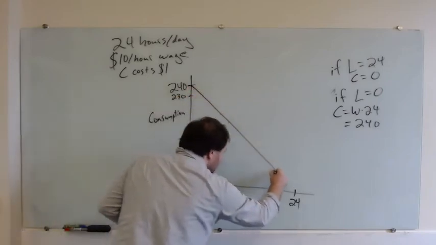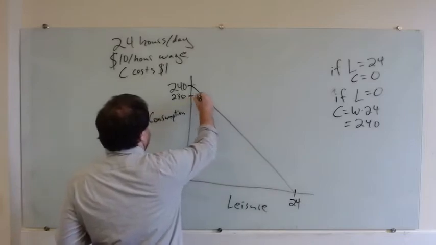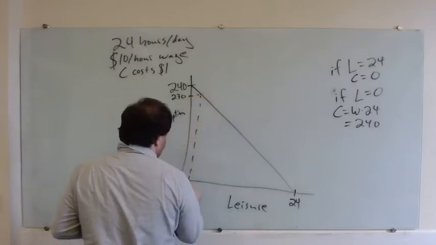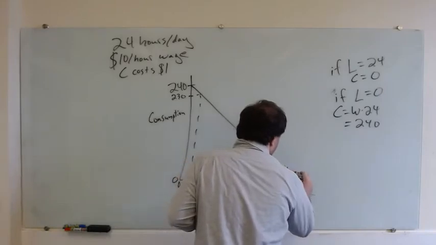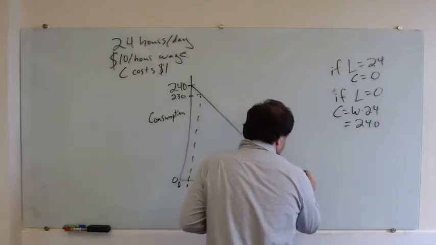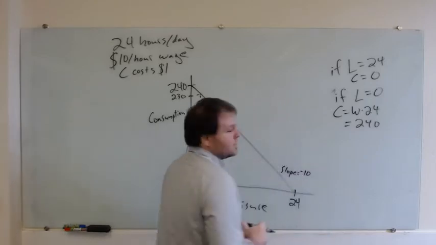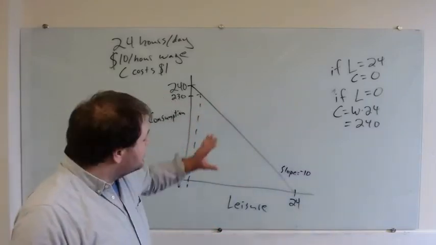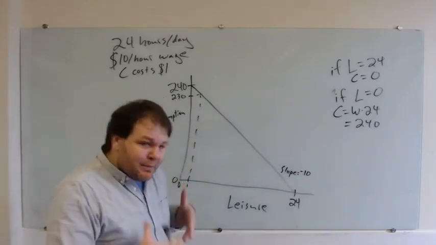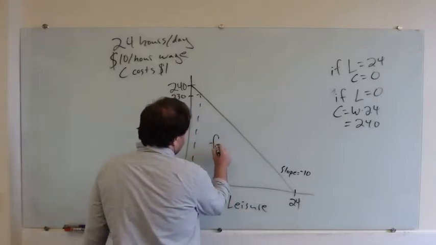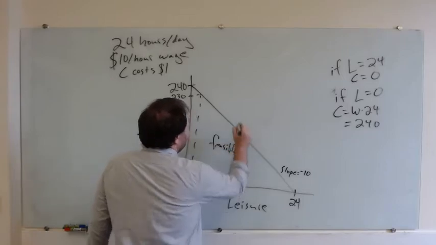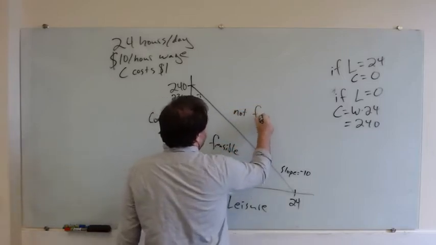So what this is going to look like is a straight line, and it's going to have a slope of -10. Okay. So what we've just drawn is a budget constraint. That's all this is. It tells us that everything in here is feasible. Everything up here is not feasible.